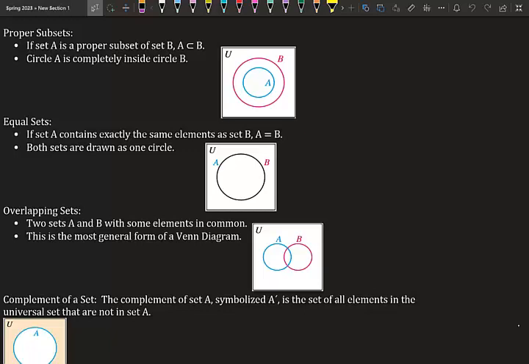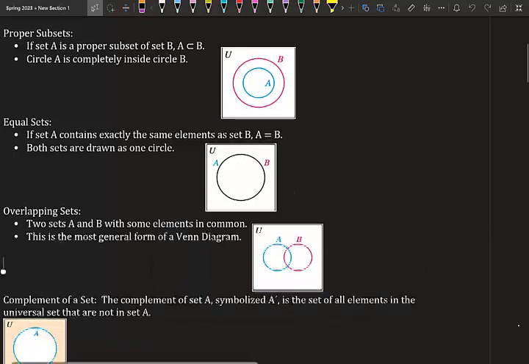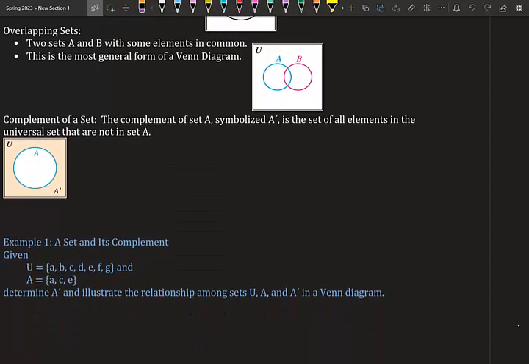All right, here's a new word for us though. Complement of a set.